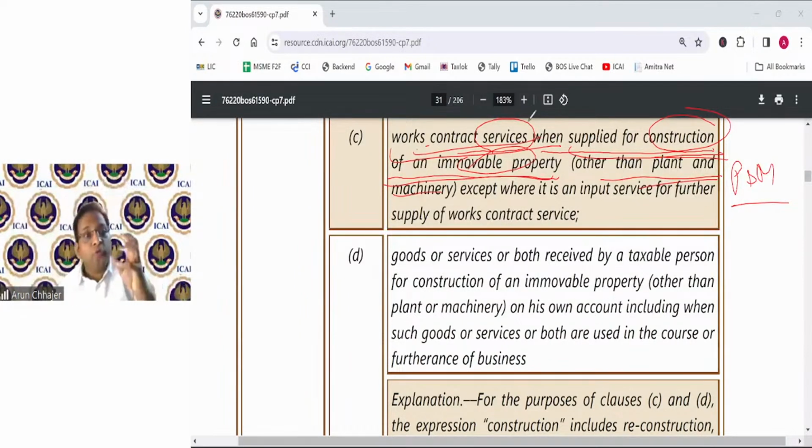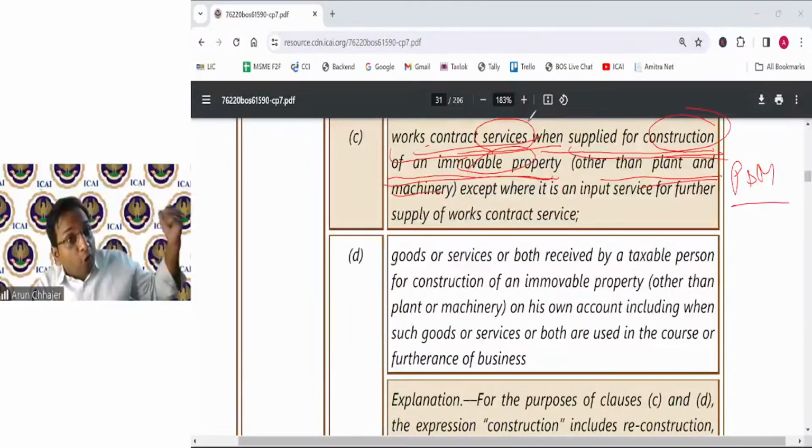But let's assume L&T has outsourced 40% of the work to another contractor. Then that contractor raises the bill to L&T. Again, that is work contract service for construction of an immovable property. The question is, can L&T take the ITC of the bill raised by the subcontractor?